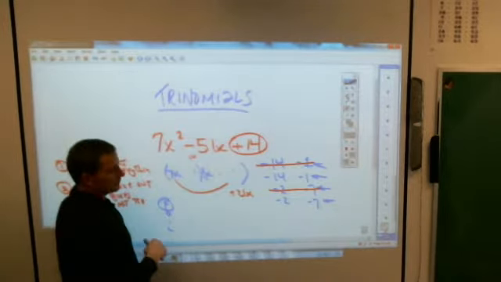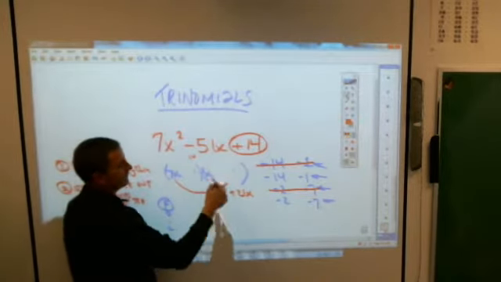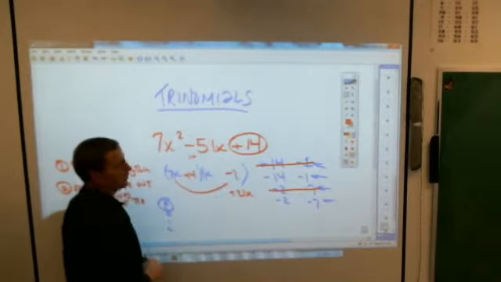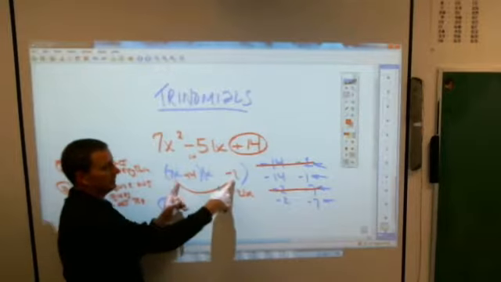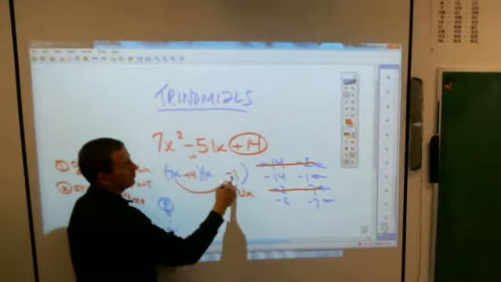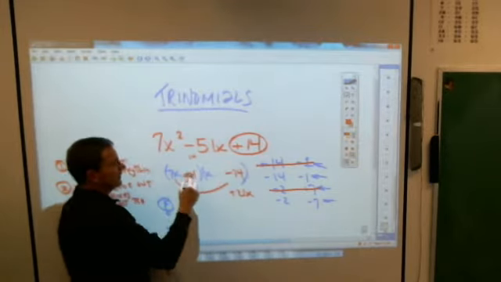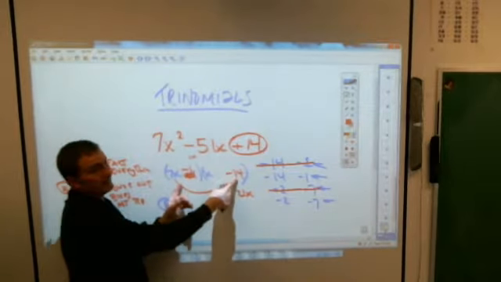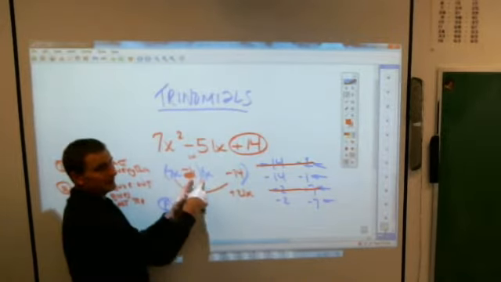All right. If I put a negative 14 here and a negative 1 there, what am I going to get from the middle term? A negative 7 and a negative 14 is going to give you a negative 21. Still not right. Well, what if I put the negative 14 here and the negative 1 there? Negative 14 times 7 is negative 98 and a negative 1. That's negative 99.